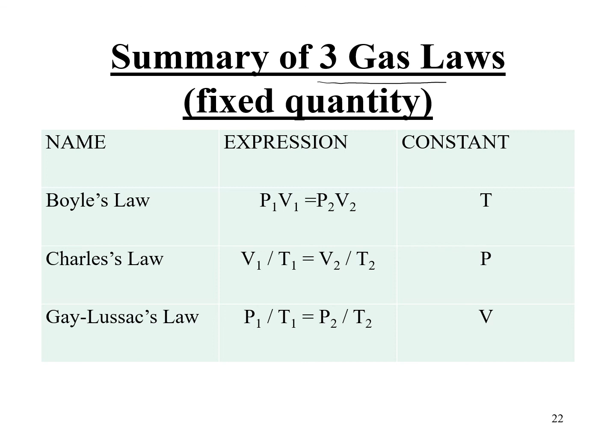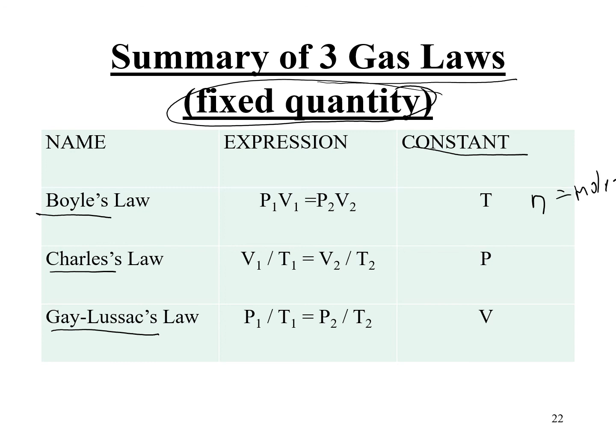The 3 gas laws we have covered so far are Boyle's, Charles's, and Gay-Lussac's. These are all for a fixed quantity of gas. So the constants for the formulas are expressed in the right-hand column. We can add n, which stands for moles, as a constant for all of these as well.